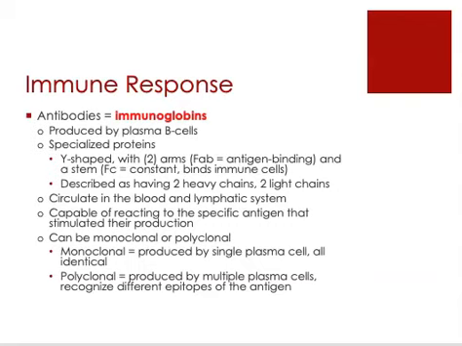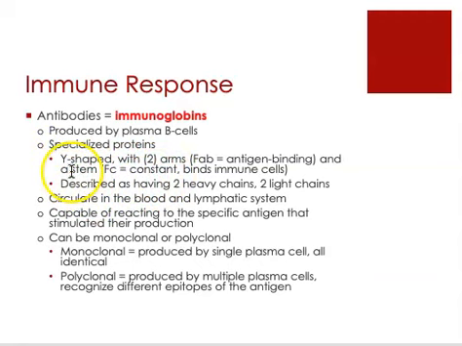Now, the arms are often referred to with the abbreviation Fab, and that means this is the antigen binding region of the antibody. So the antigen binds right into that V shape in that Y.